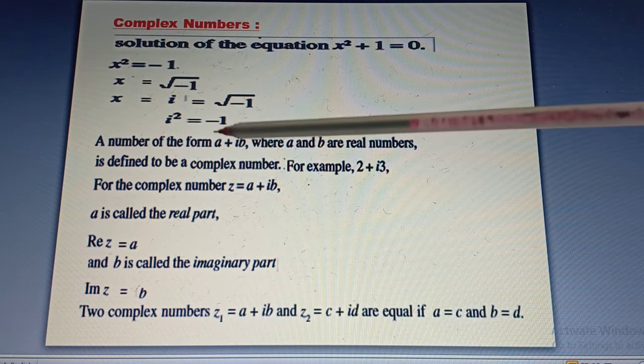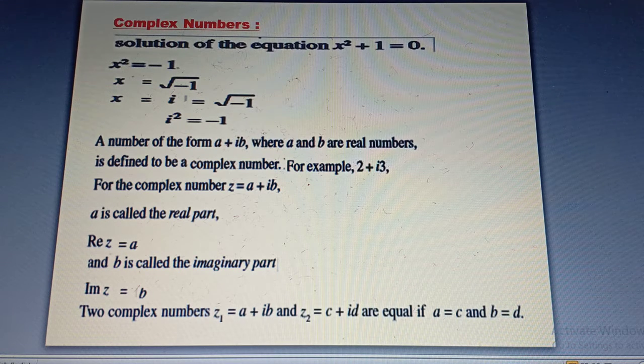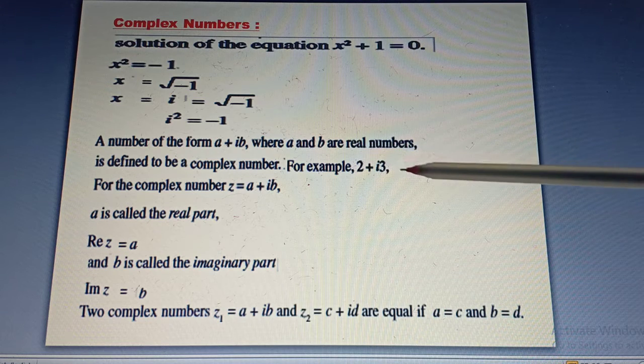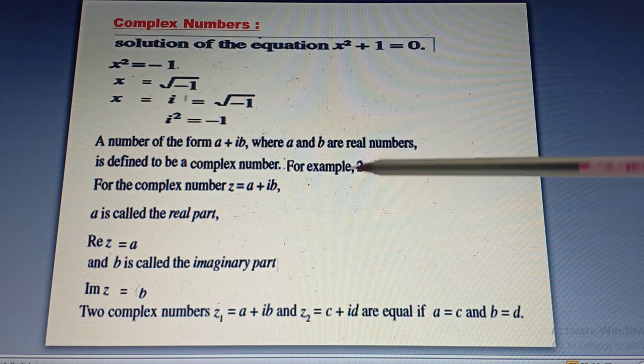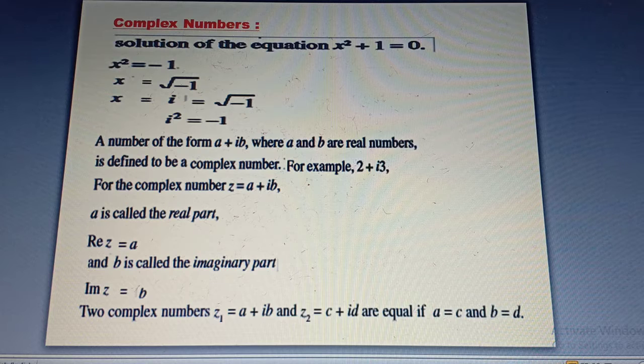For example, 2 plus i3. So this is a complex number because here 2 and 3 are real numbers and i is an imaginary number.